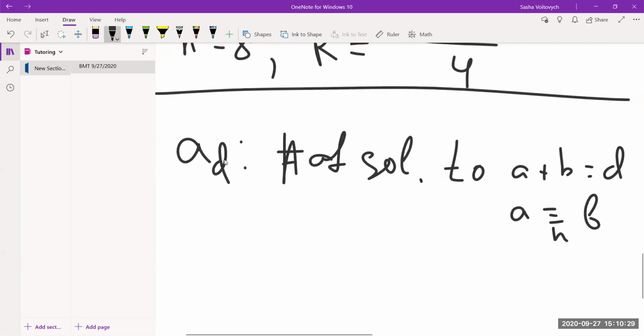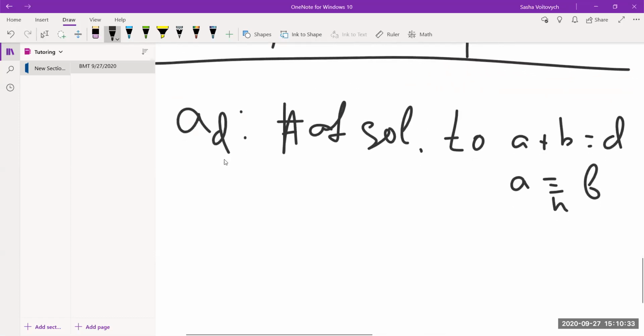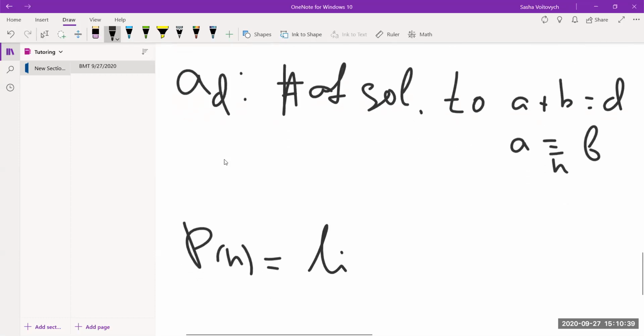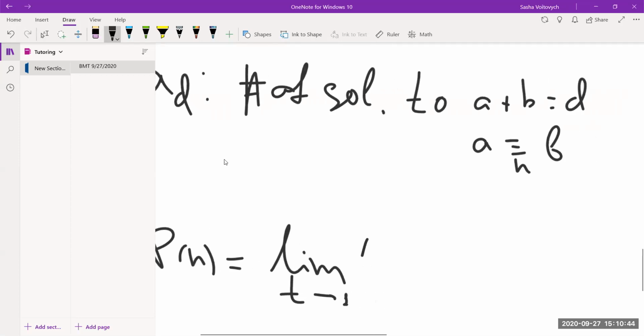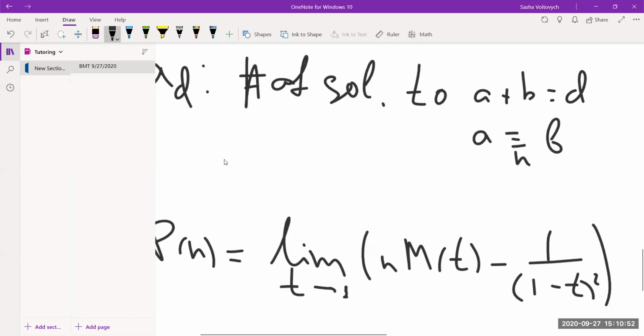All right. Then we define a polynomial like this, and we are asked to evaluate this polynomial at 0.